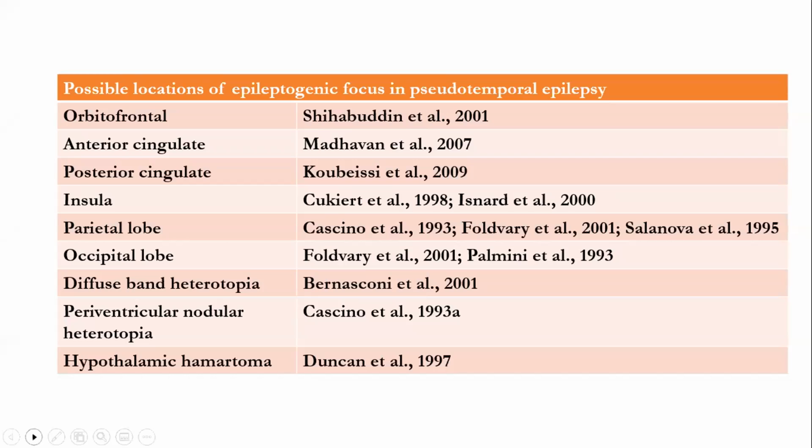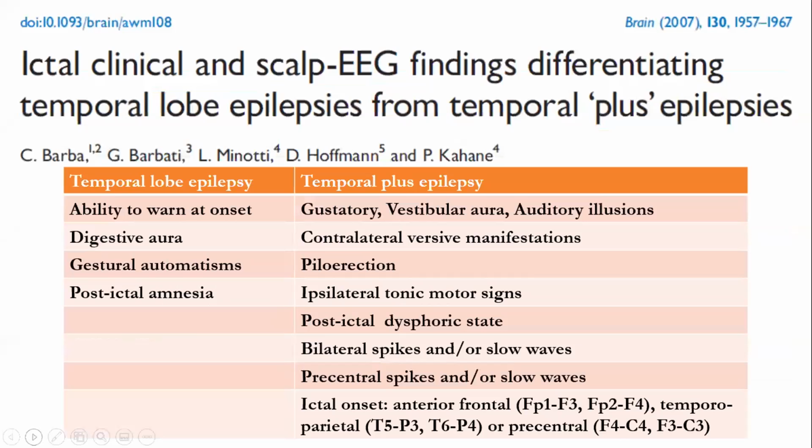So this study, which Dr. Soumya also showed, attempted to see whether the ictal and interictal data can be used to differentiate temporal lobe epilepsy from temporal plus. And they also looked at the clinical data. So she has already mentioned in temporal lobe epilepsy, they usually report an ability to warn at onset. They have prominent digestive aura, gestural automatisms, and post-ictal amnesia.